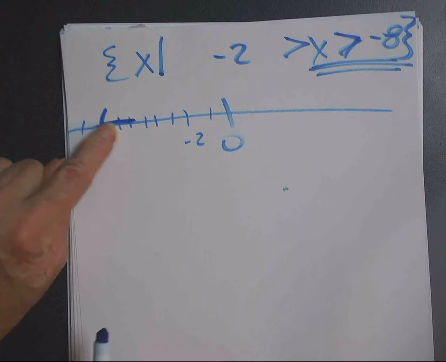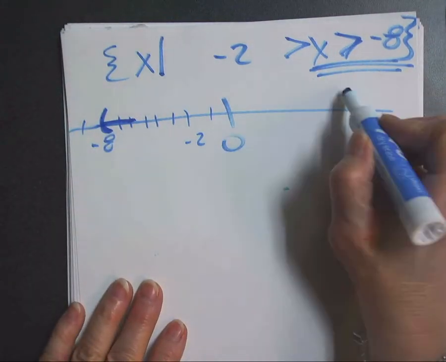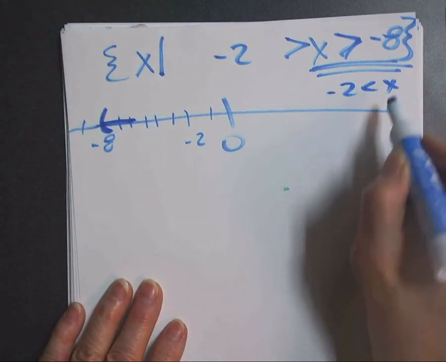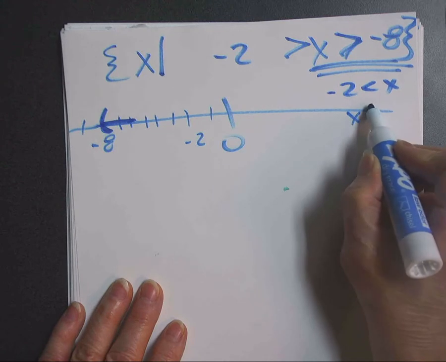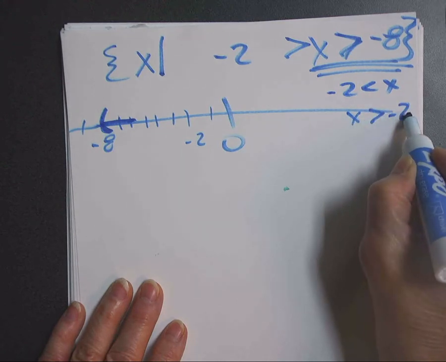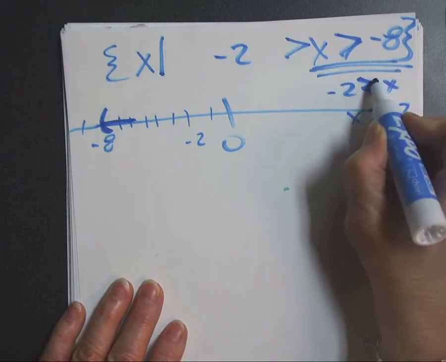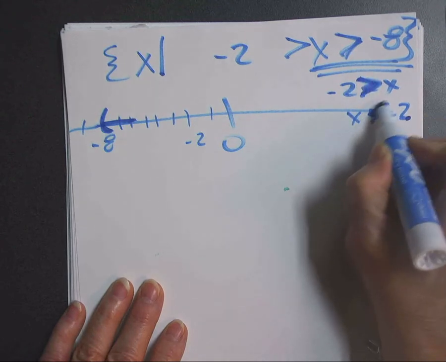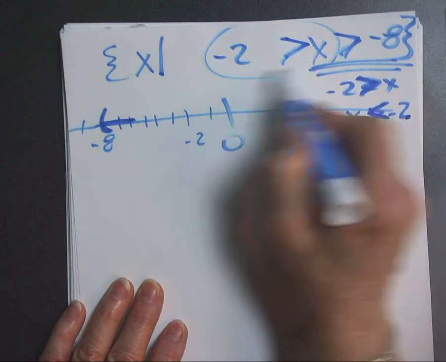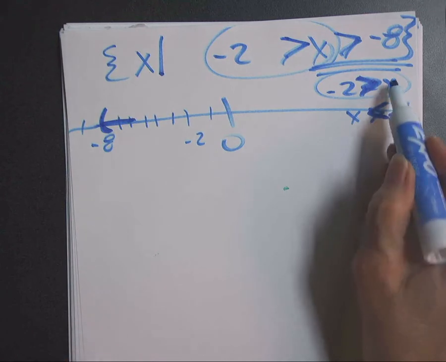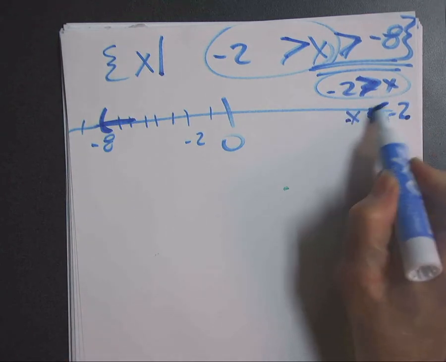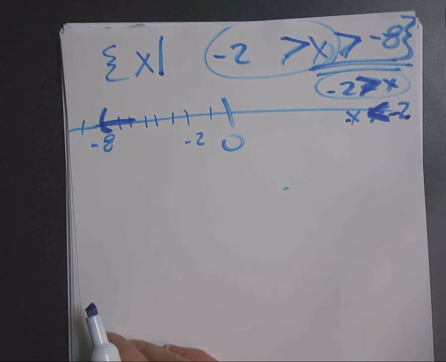Greater than 8. And now, to read that part, if you turned it around, it would be less than -2, right?